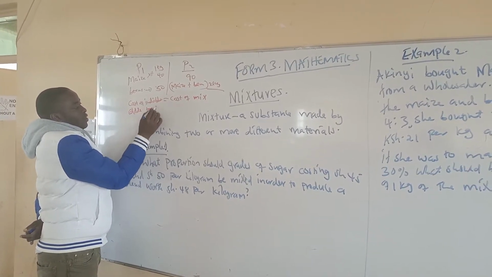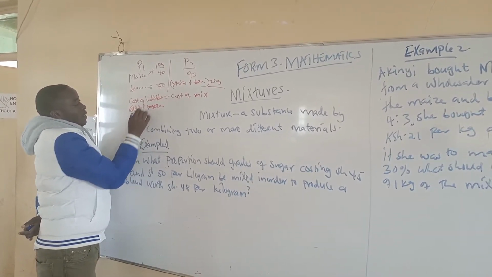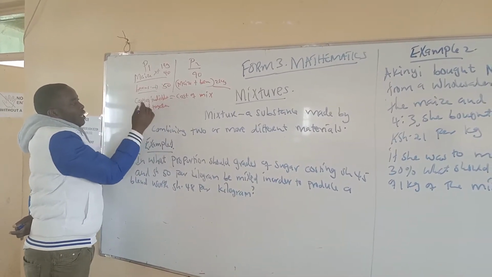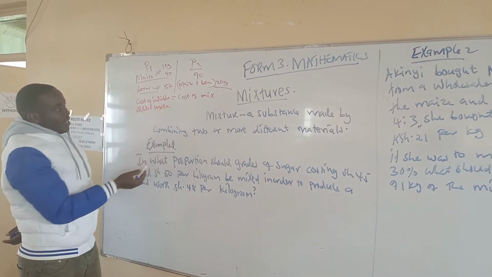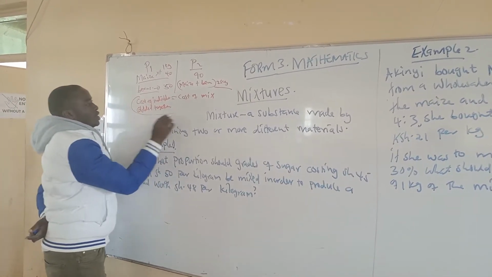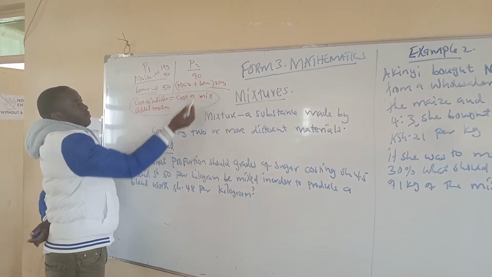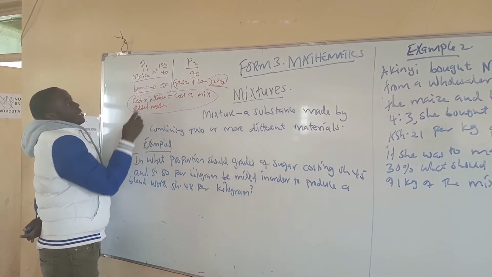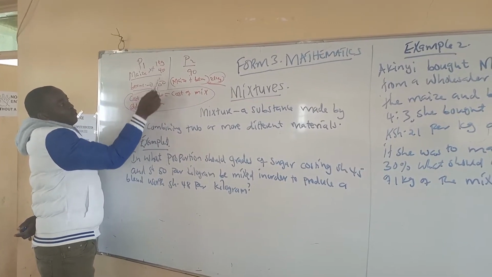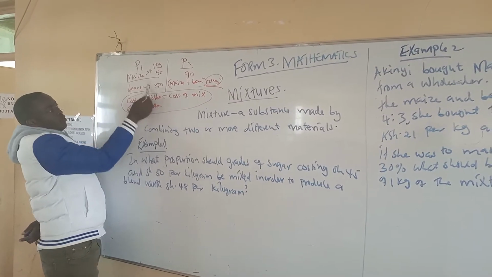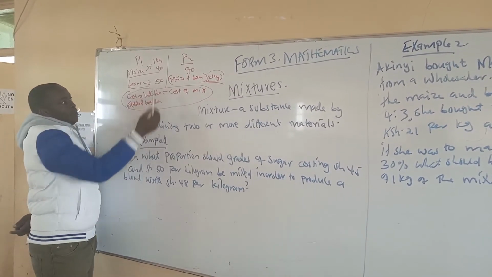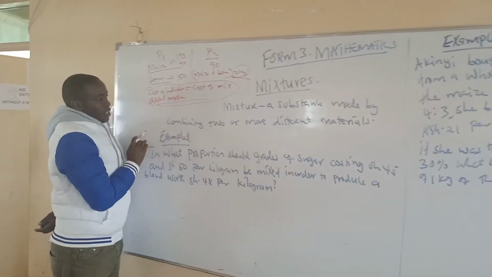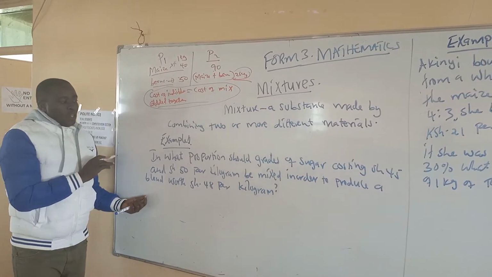The cost of the individual maize and the individual beans added together will equal the cost of the mixture. So whether this person sells them separately, or that person mixes them together and sells 2 kg at 90 shillings, the mixture of 2 kg still costs 90 shillings, 40 plus 50 is 90. This is the most important point you need to note. After noting that, you're able to do all the questions correctly.